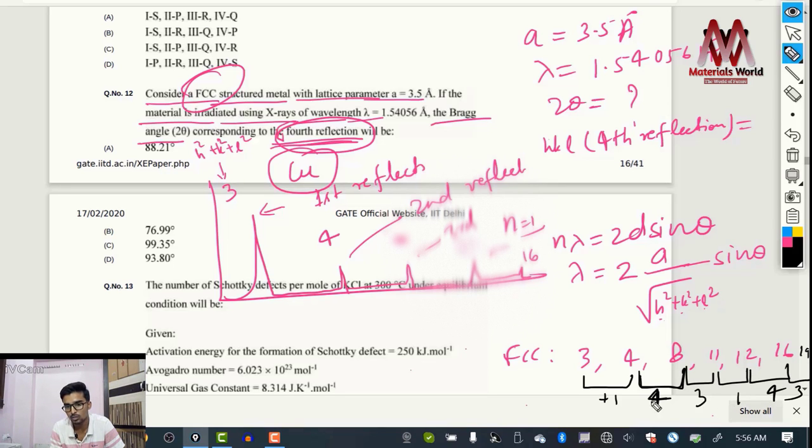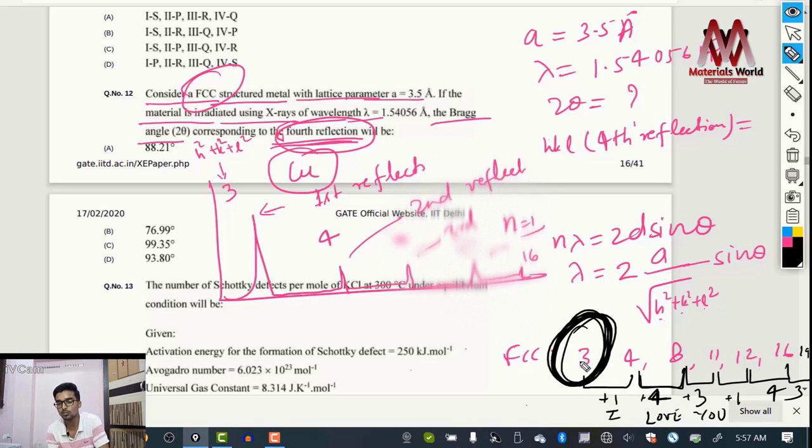So what we are actually doing is repeating 1, 4, 3, 1, 4, 3, 1, 4, 3, and so on. You can remember it as "I love you". You just have to remember the first number, that is, the h square plus k square plus l square value for FCC of the first peak is 3.